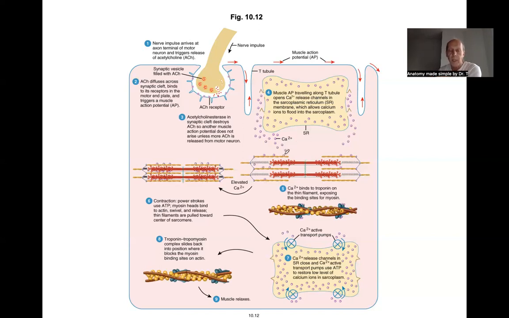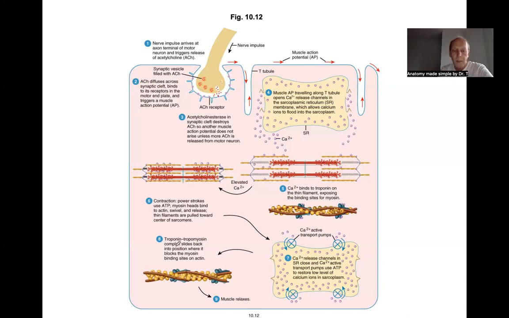At this point, calcium, as we know, binds to troponin. Troponin then reveals actin binding sites, formation of cross bridges, formation of more overlap through the power strokes, and of course, that is muscular contraction.